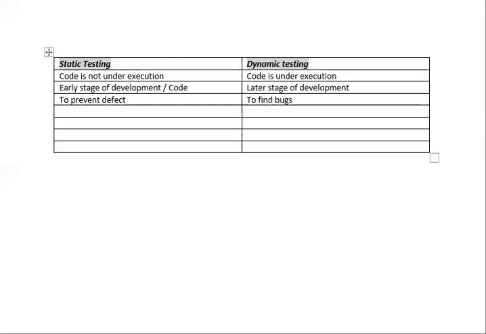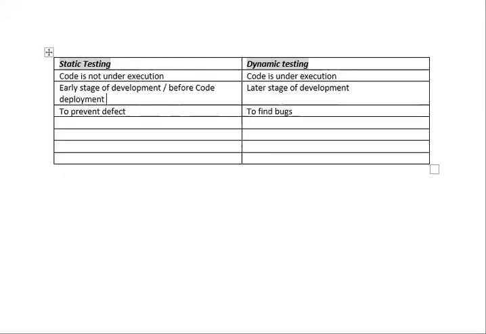This is done, and dynamic testing is the later stage of development, so we can say after deployment of code it is being performed. Dynamic testing is performed when the code is in the environment.